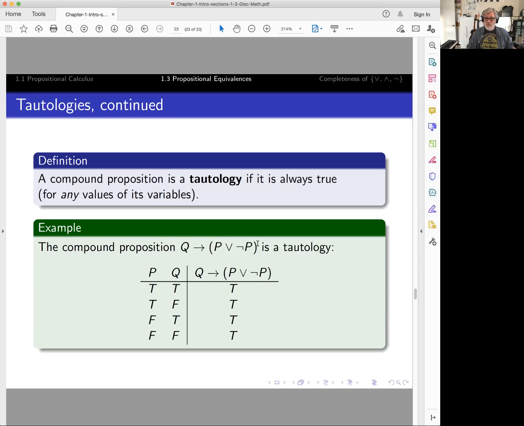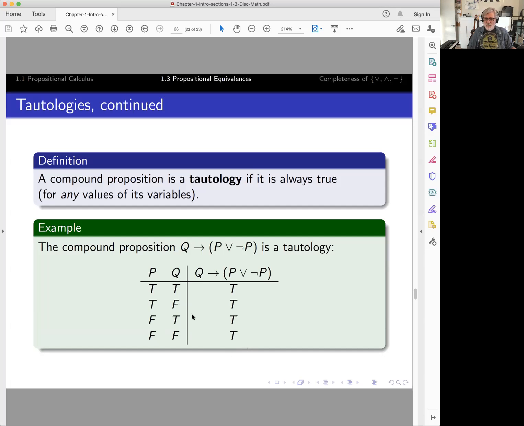Now, how can an implication be false? There's only one way it can be false: if Q is true and this is false. And this is not going to happen, so this is always true. But you can also simply compute the truth table and see that it's always true.